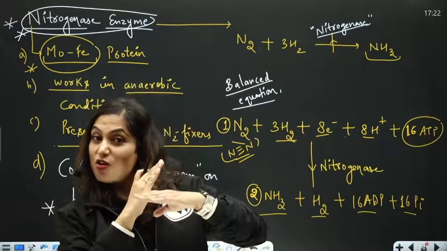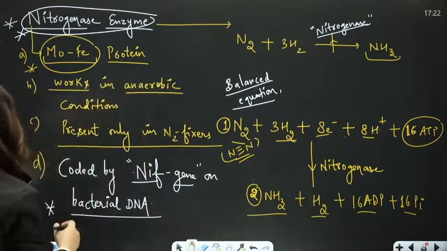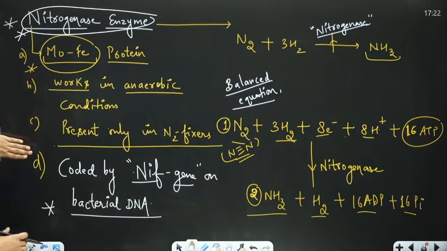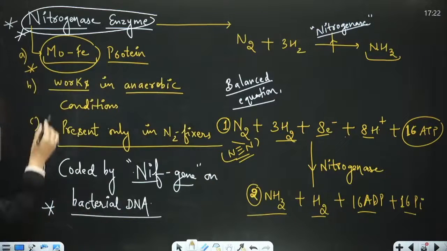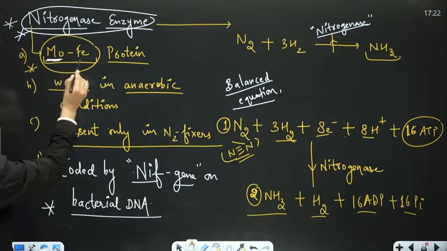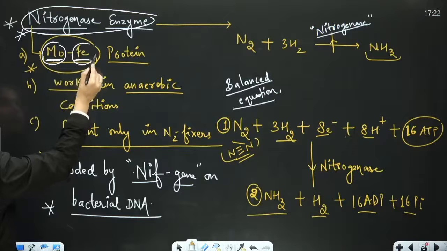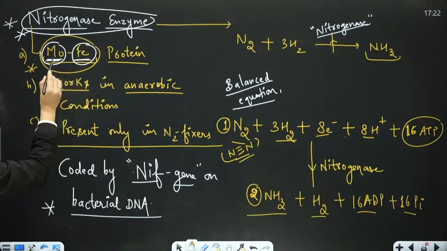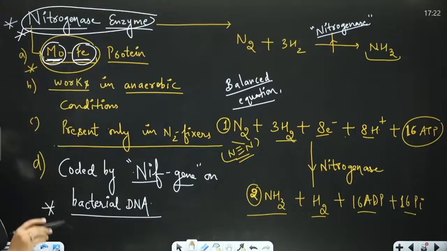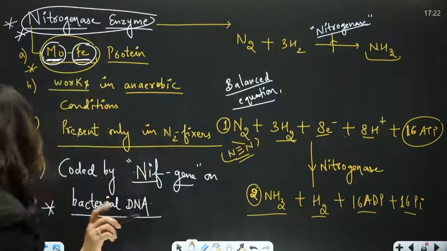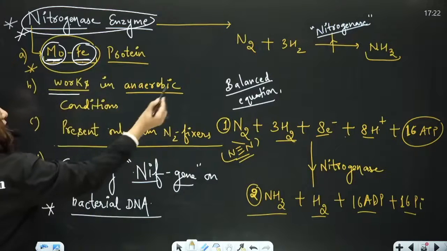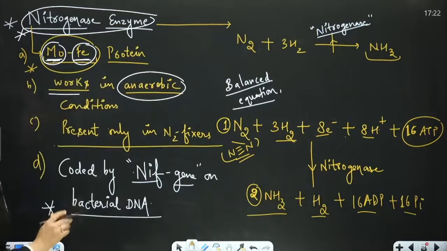This has a strong enmity with oxygen, right? What are the special points regarding these enzymes? It's a molybdenum iron protein. That means iron and molybdenum are a part of this enzyme. Very important question. Second, it works only in anaerobic conditions, right?